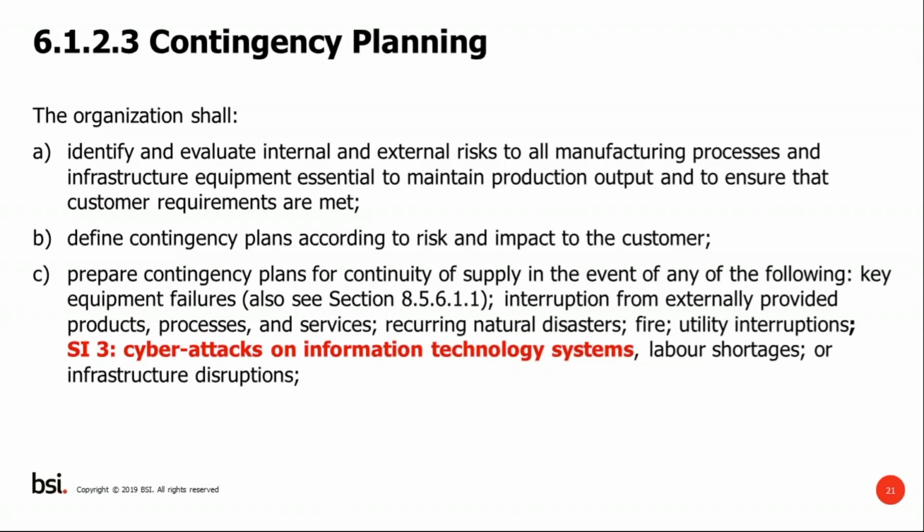It then says we should define contingency plans according to risk and the impact on the customer. Prepare contingency plans for continuity of supply in the event of any of the following: key equipment failures, interruption from externally provided products, processes and services, recurring natural disasters, fire and utility interruptions.